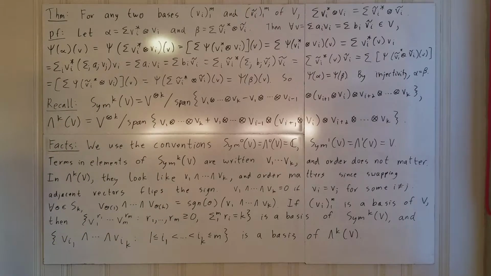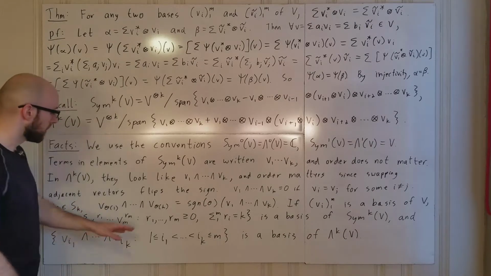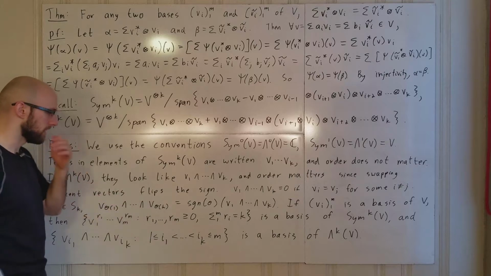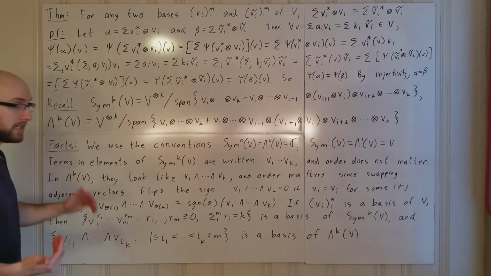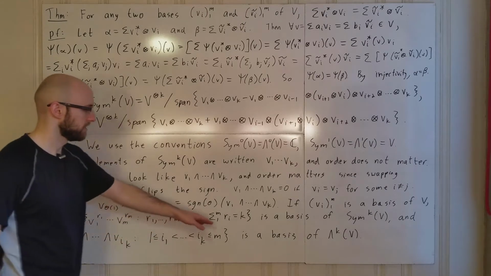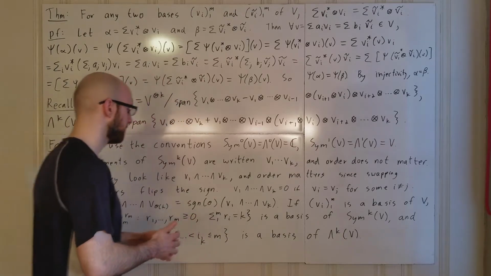You can only really get one from each coordinate. I'm trying to think of a really good, precise way to say why this makes sense. Certainly all these R1 through Rm's need to be greater than or equal to 0, and they need to be less than or equal to K in order for this sum to equal K.